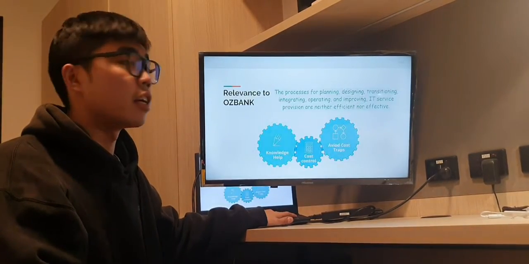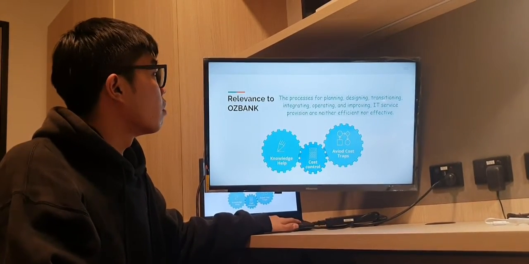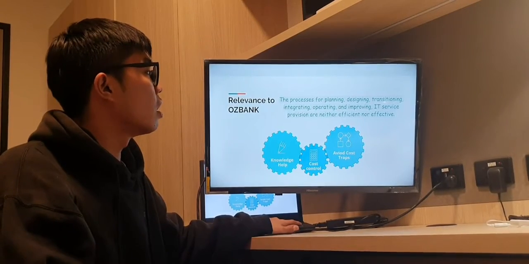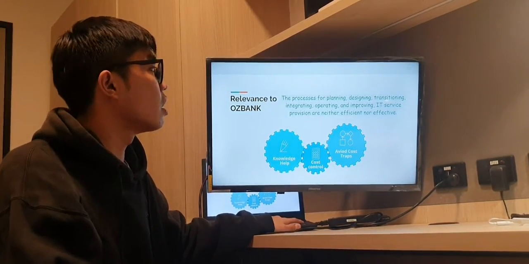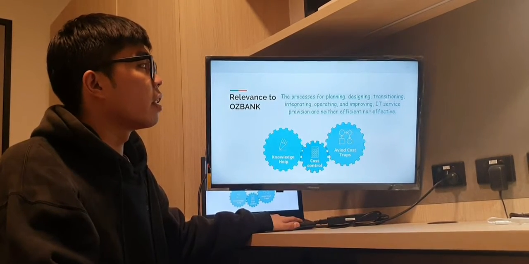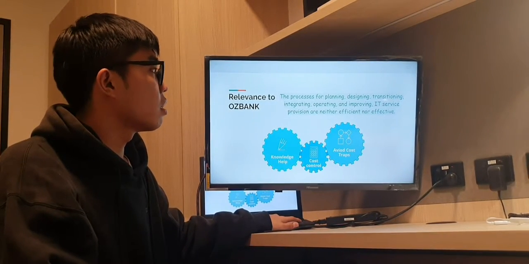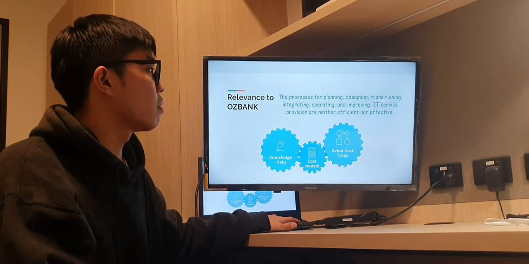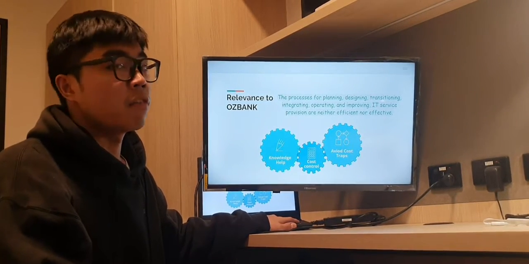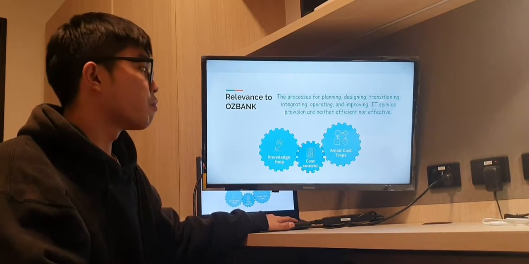So let's move on to the next part, the relevance to OZ Bank. The most important problem that OZ Bank is facing is that the processes for planning, designing, transitioning, integrating, operating, and improving IT service provisions are neither efficient nor effective.